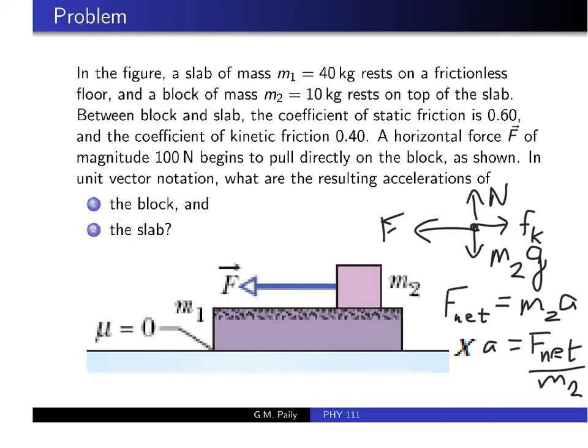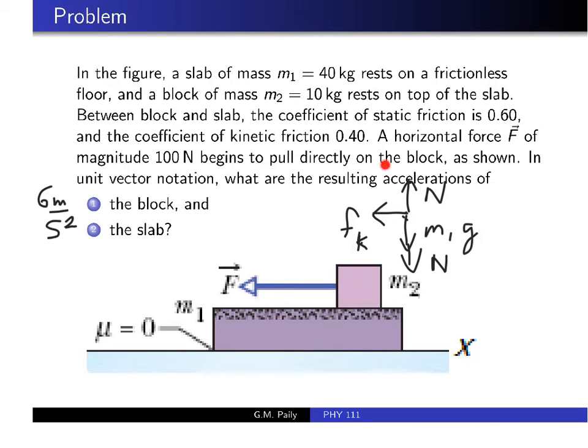We now focus on m1, the slab beneath. This is the free body diagram for the slab. There is the weight of the slab acting downward. There is the normal force from the block m2 on the slab m1, and then there's a normal force from the ice on the slab m1. There is also the reaction to the kinetic friction that we saw earlier.